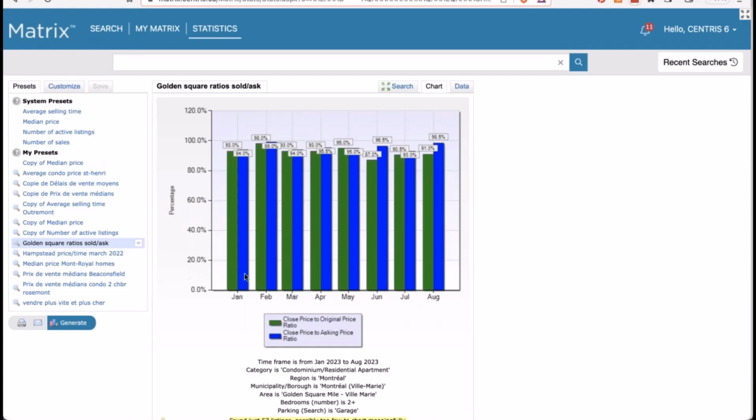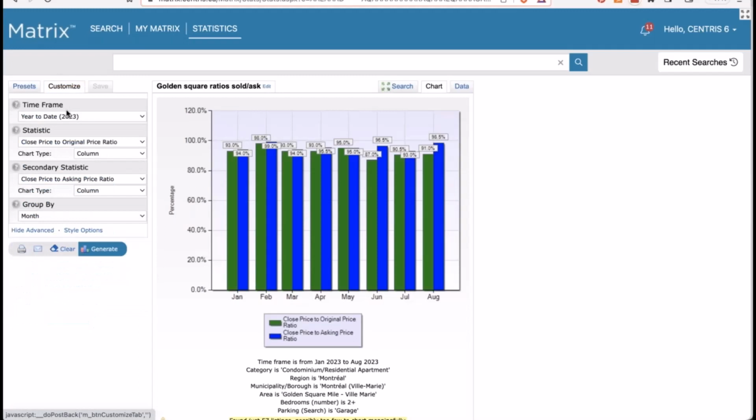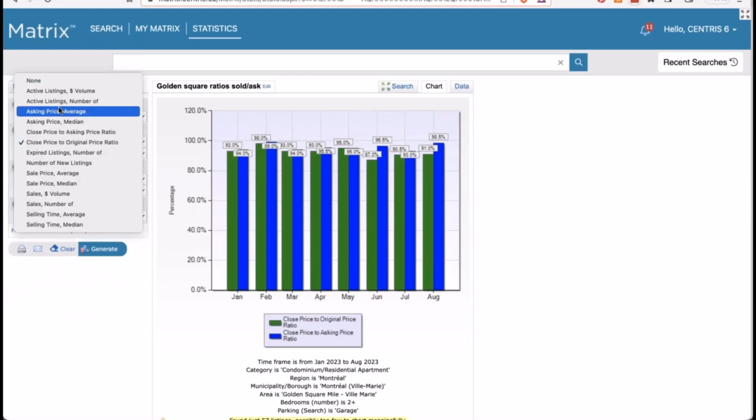Okay, my pleasure. So somebody's asking me, can this chart show how many listings sold? Yeah, for sure. So in all the different presets that you can illustrate are these here. So you have active listings by volume, the number of active listings, the asking price, so average or median.